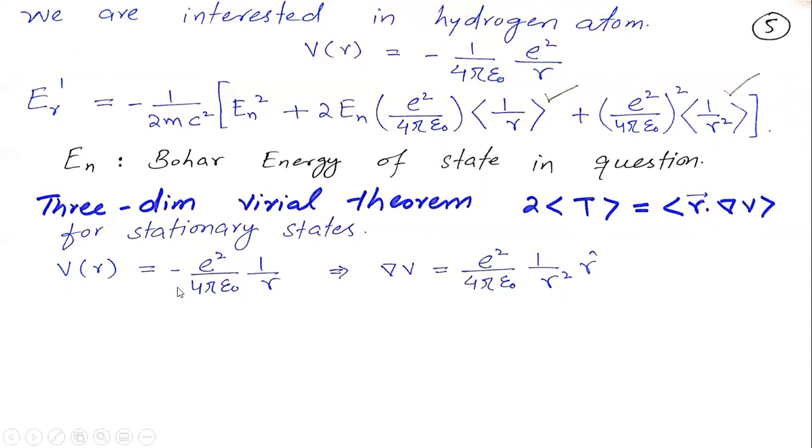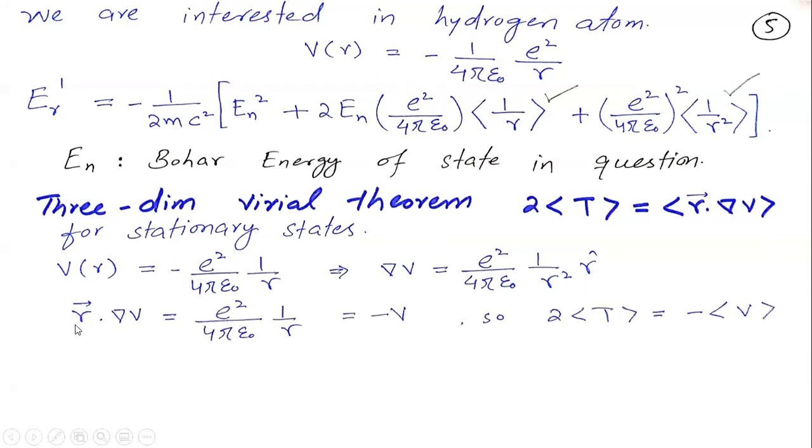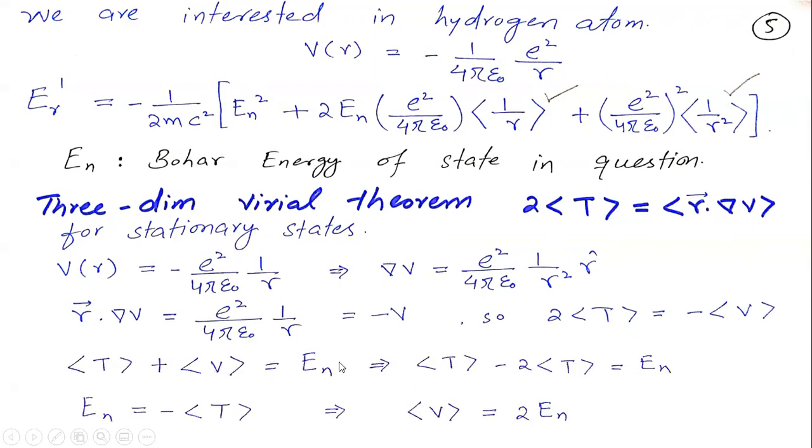So here the potential V is equal to minus e² over 4πε₀ times 1 over r. Del is just the partial derivative with respect to r, giving e² over 4πε₀ times 1 over r² into r-hat, and the dot product of r and ∇V will give minus V. So plug this result into this expression to get the expectation value of T equals minus half of V. As we know, the total energy equals the expectation value of potential energy plus the expectation value of kinetic energy.